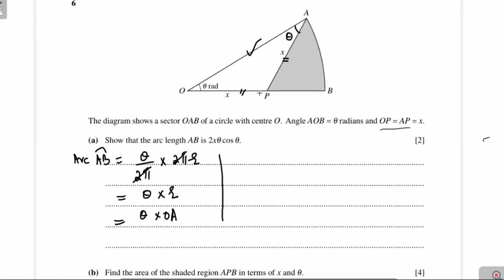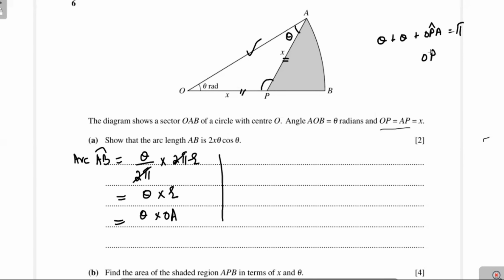Now the angle OPA: theta plus theta plus OPA equals pi, because the sum of the interior angles of a triangle equals pi.